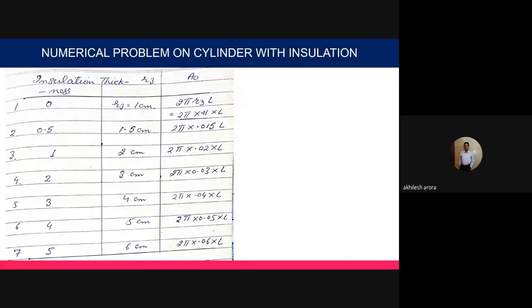Here are the various insulation thicknesses which are shown here: first 0, then 0.5, 1, 2, 3, 4, and 5. And then we have calculated the value of R3. R3 means the outer radius of the insulation.